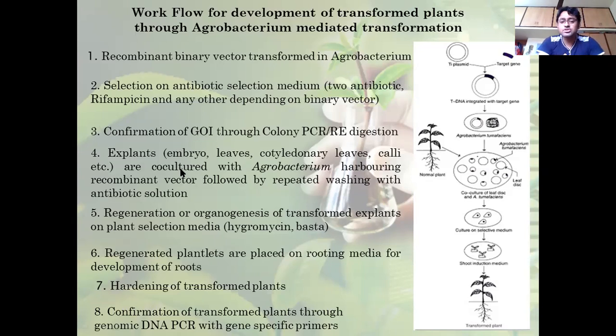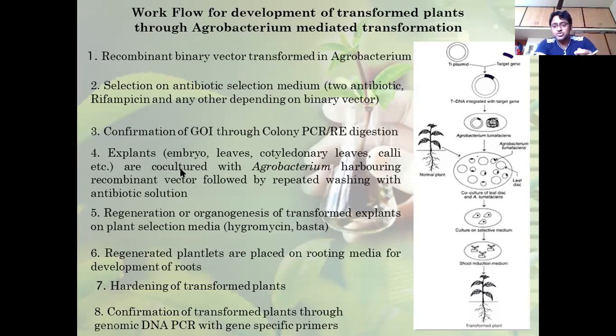Next comes the regeneration, or the organogenesis, of the transformed plants on the plant selection media. Or before the regeneration, we can also select the transformed calli or transformed explants on selection media, like hygromycin containing media or kanamycin containing media.